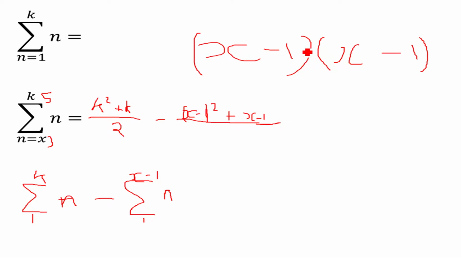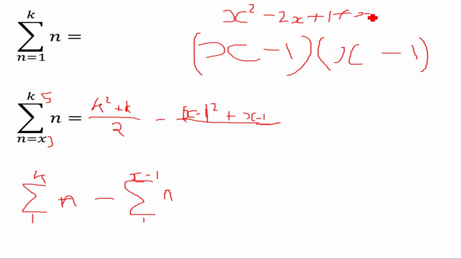So x and x are x squared, negative 1x, negative 1 and x is negative x, negative 1 and x is negative x, that becomes negative 2x, and negative 1 and negative 1 is positive 1. Then we get x squared, negative 2x plus 1.